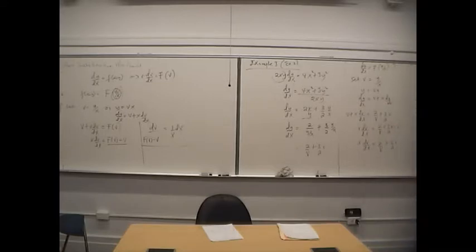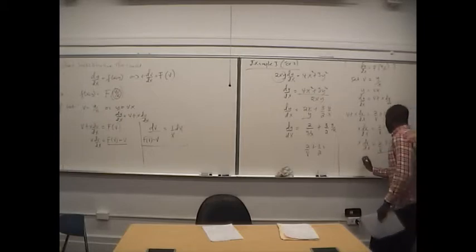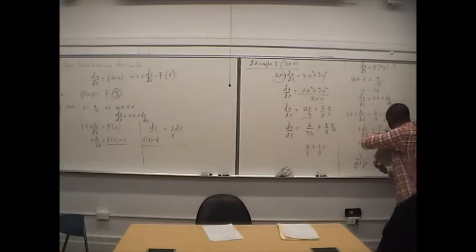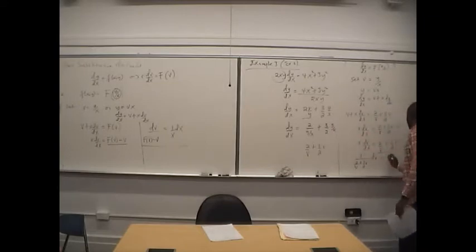And then we can separate. That's a function involving v. So we can have 1 over 2 over v plus v over 2, dv is 1 over x dx.